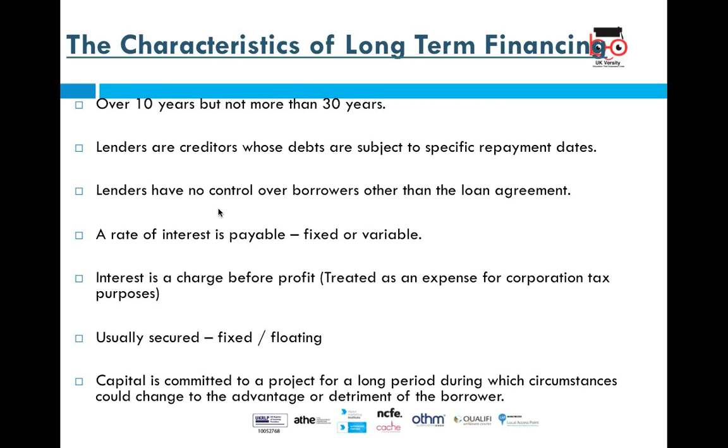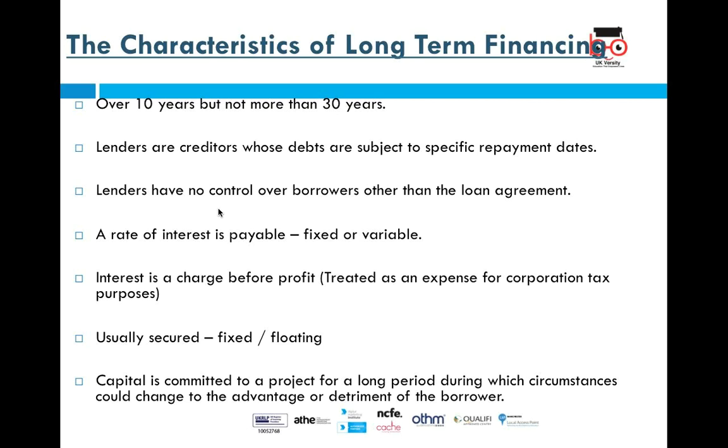Lenders have no control over the borrower, sometimes and most of the time, other than the loan agreement. The rate of interest on long-term financing is normally fixed, and sometimes it accommodates the inflation rate. That's variable, and it is in the agreement, whether variable or fixed.